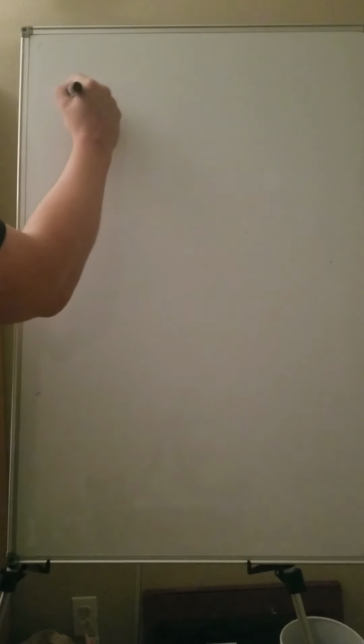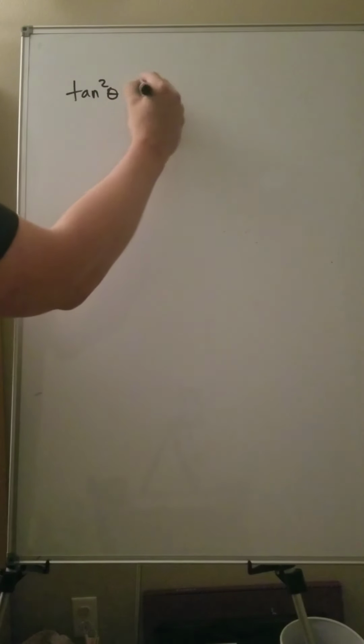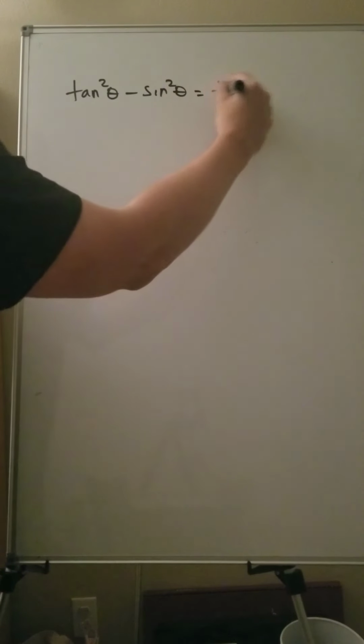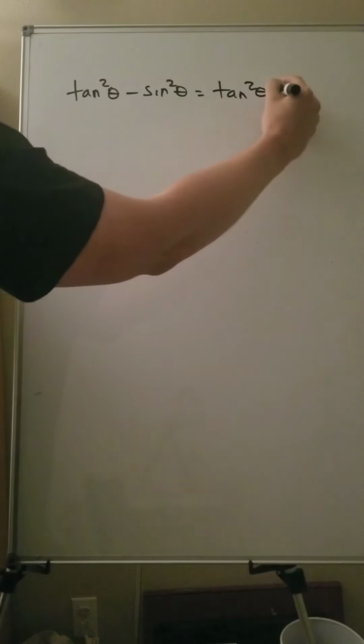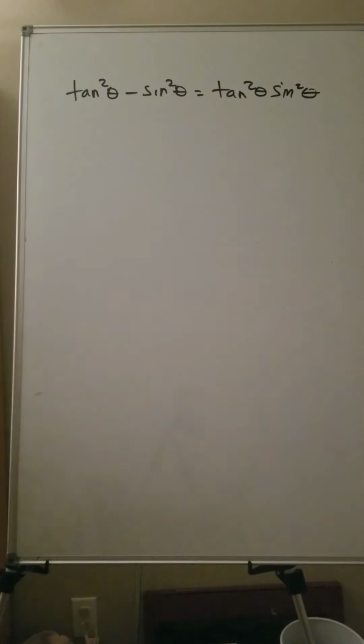Okay, let's look at the next problem. Tangent squared theta minus sine squared theta. And that's supposed to be equal to tangent squared theta times sine squared theta.